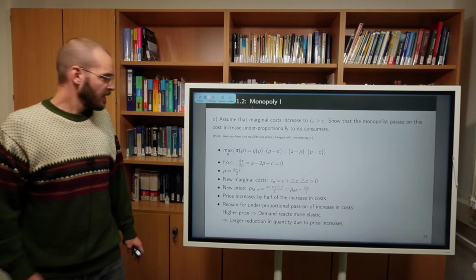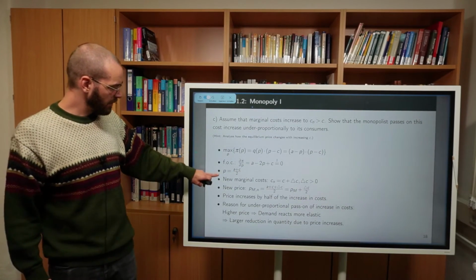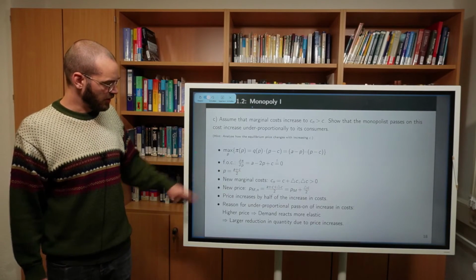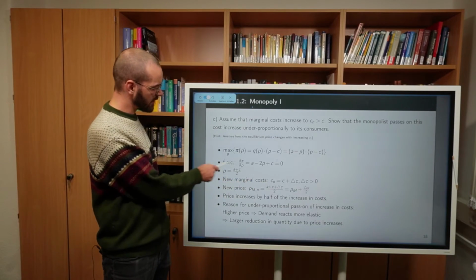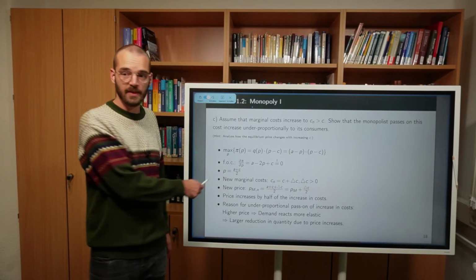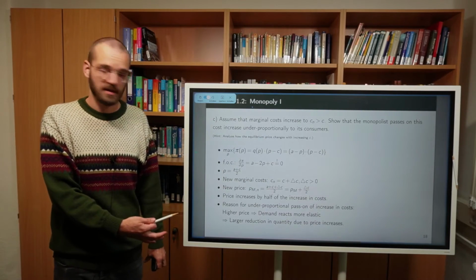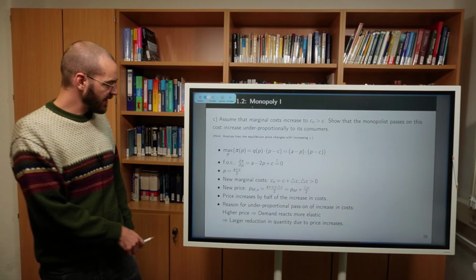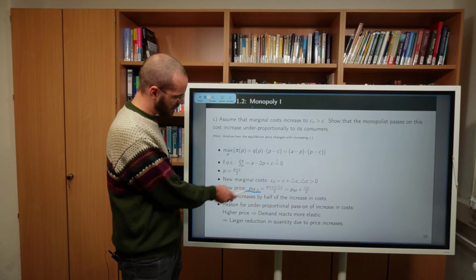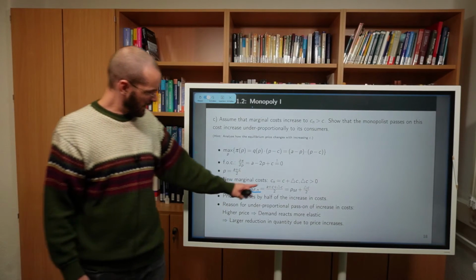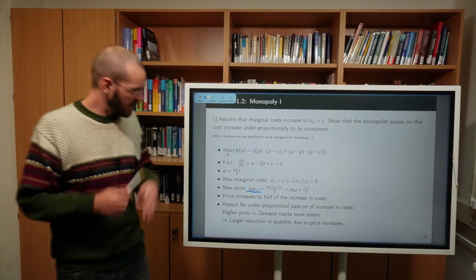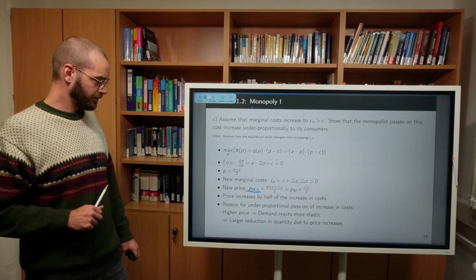All right. So we can now plug this new marginal cost, Cn, into our expression for the price the monopolist will set in order to maximize their profits. And if we do so, we find out that the new price of the monopolist, Pmn, equals A plus C plus delta C, all divided by 2.